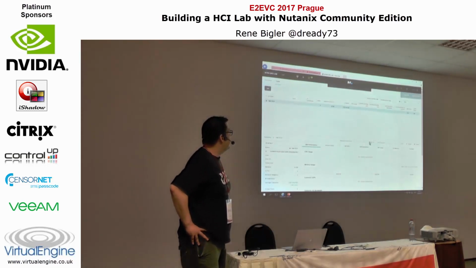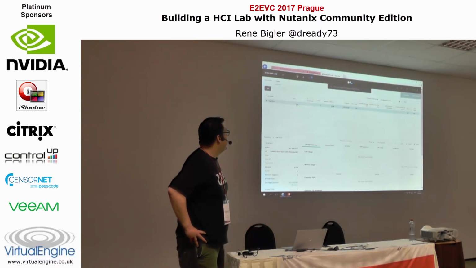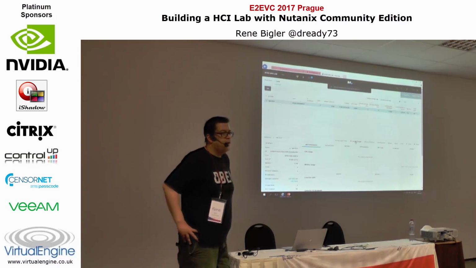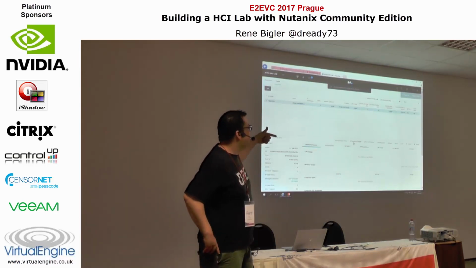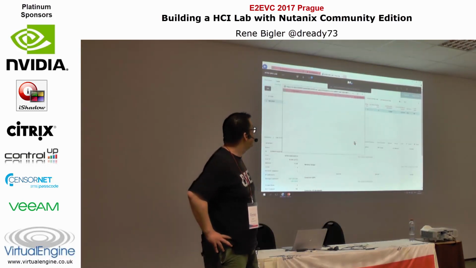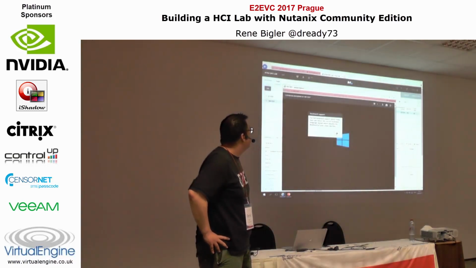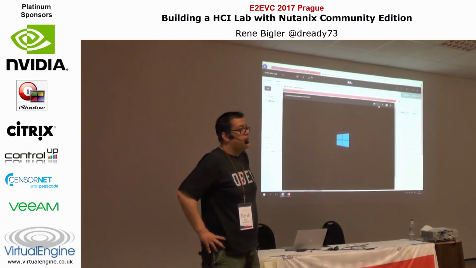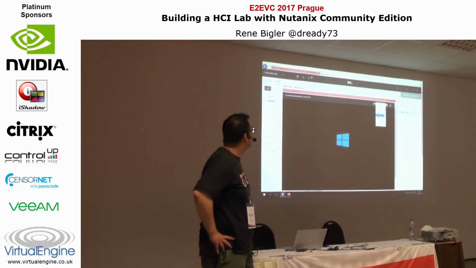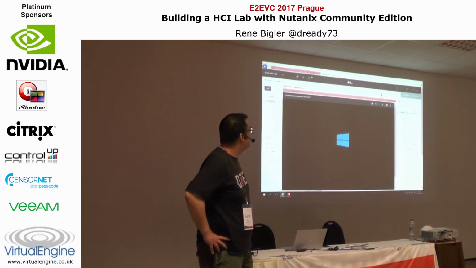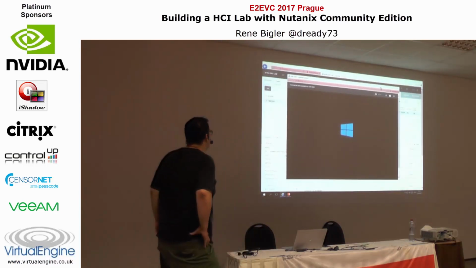And you can start it, power on, and you can connect to your VM within this Prism management interface. So no RDP or whatever you might want to use is necessary. And boot your VM.